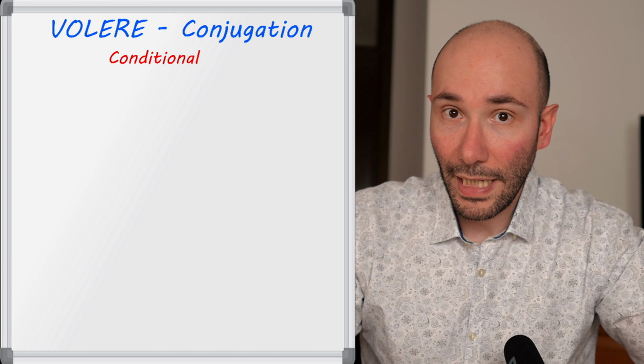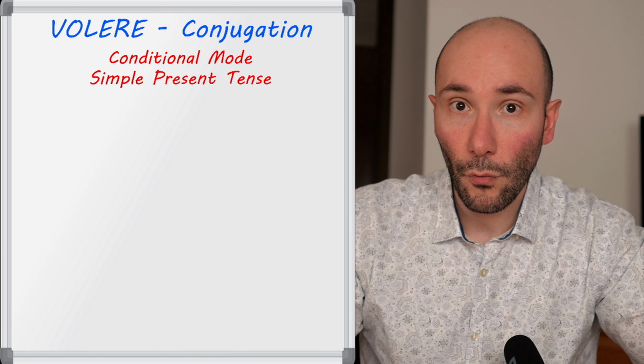The conditional mode in Italian has three different tenses, but don't worry, we're gonna cover just the present one, because it is the only one used to ask for something or make requests. So, the conditional present tense of the verb to want, volere, is the following.